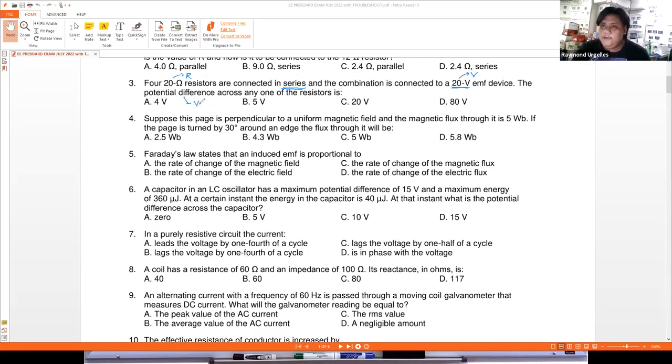So let's call this V sub R. So let's try that.